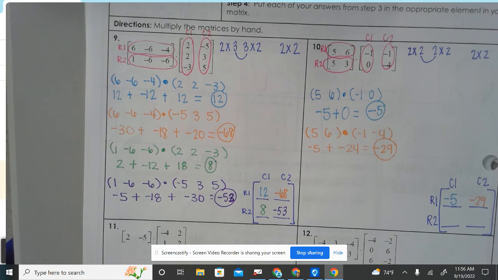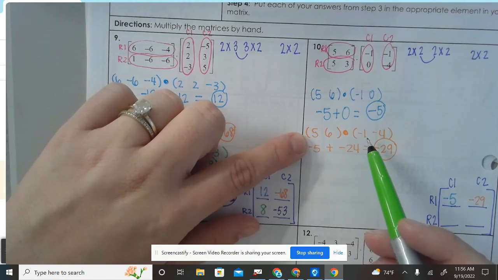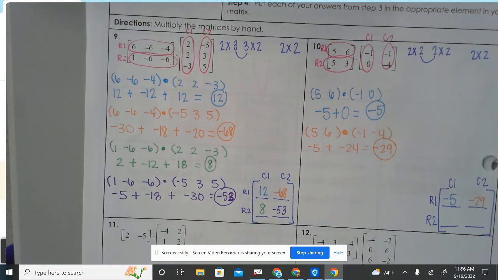Where did the negative 5 come from? These first 2 numbers, when you multiply them, 5 times negative 1 is negative 5. And then you multiply the second 2 numbers.